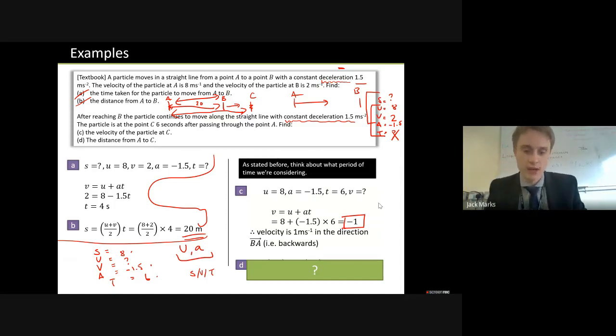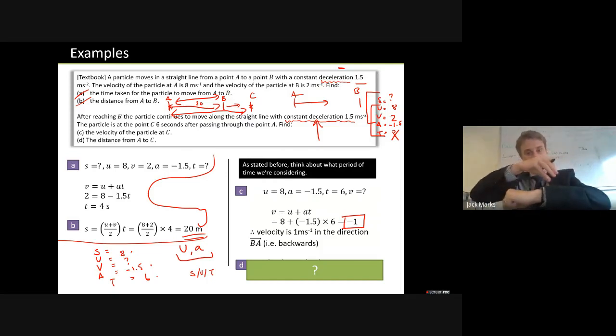So it changes direction. Now, does that make sense? Well, yes, it does. If something's always decelerating, it doesn't just mean that eventually it will stop. It means that eventually it will stop and then it will start to go the other way. In fact, it will even start to speed up the other way.